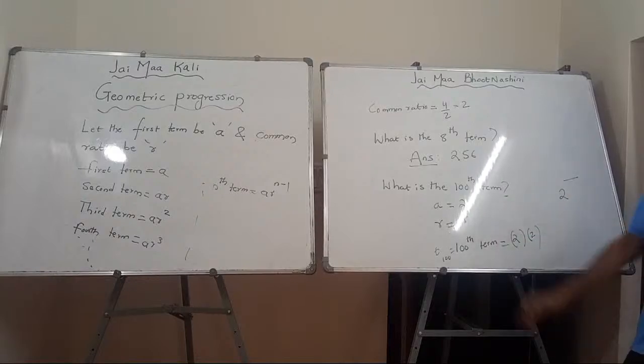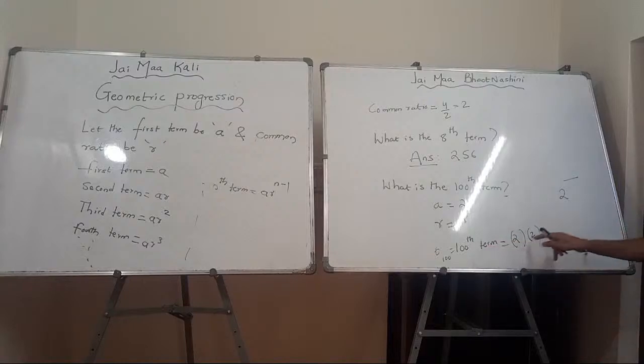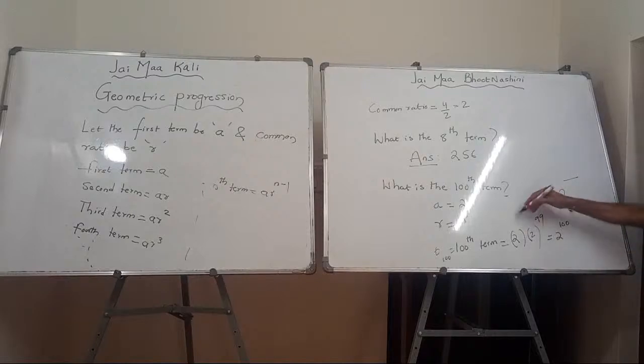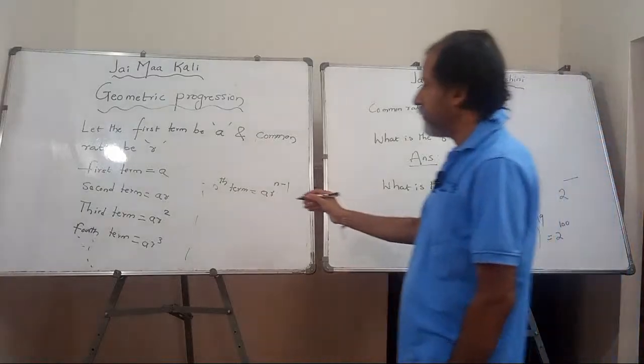Fourth term was a r cube, so the 100th term will be a r 99, which is equal to 2 raised to 100. Does anybody have a doubt from here to here? No, right? a raised to m into a raised to n is equal to a raised to m plus n. So this is the formula for the nth term.